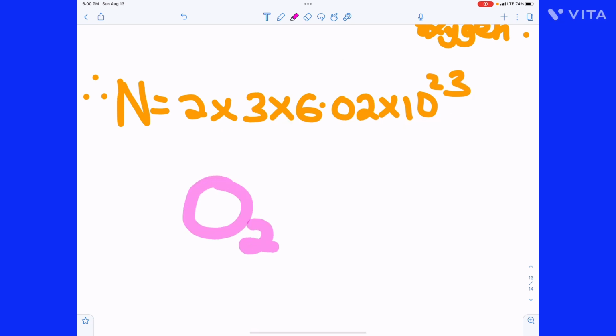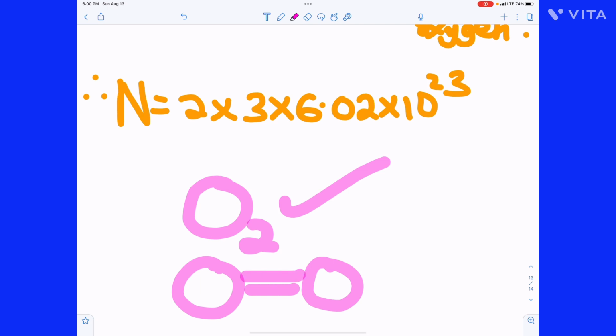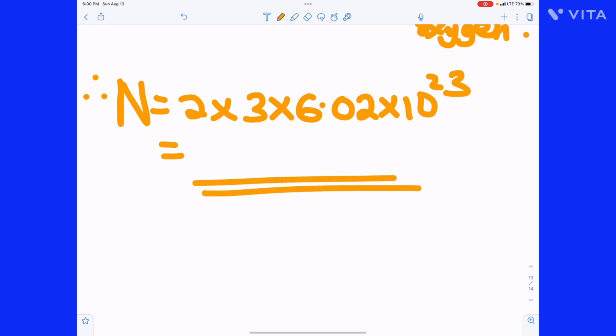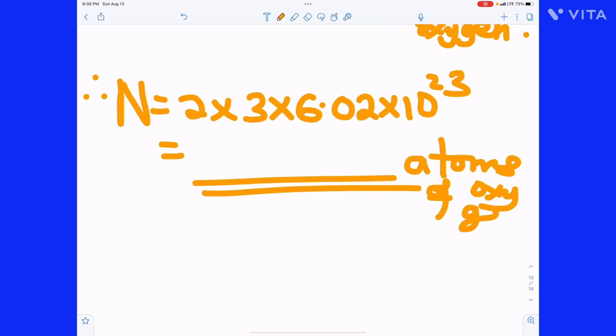Oxygen is diatomic, O2. So 1 molecule contains 2 atoms, which are bonded by 2 covalent bonds. That gives you your answer. You have to do the math yourself. So this is the number of oxygen atoms we have.